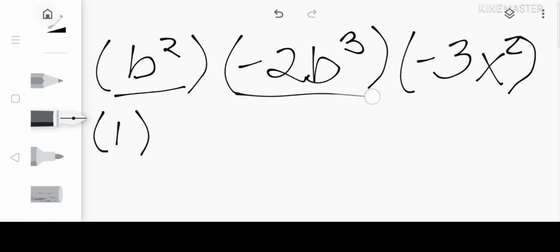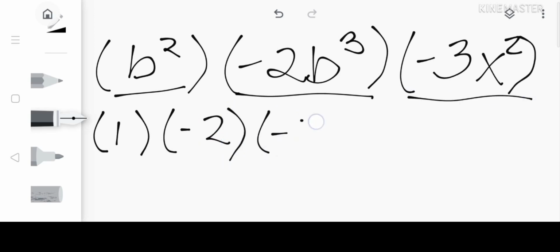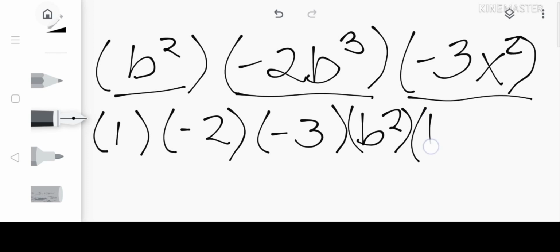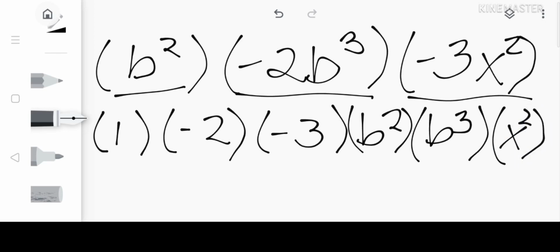And then sa second term, negative 2. And then for the third term, negative 3. And then, multiply the literal coefficient. That is b squared. And then we have b cubed, and then x squared.